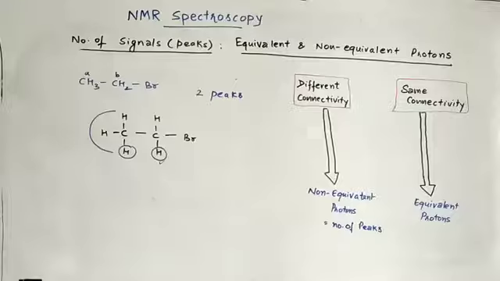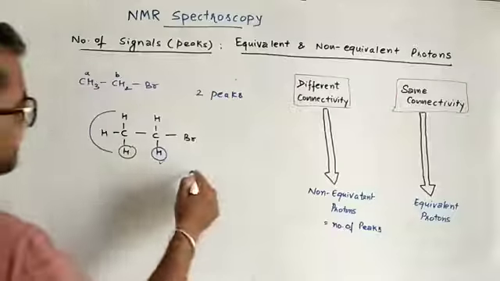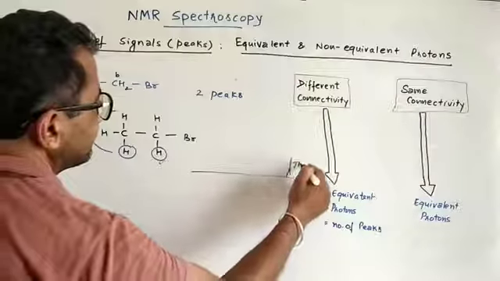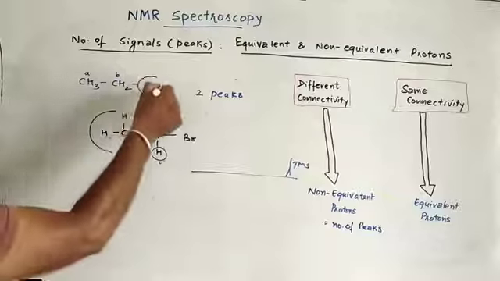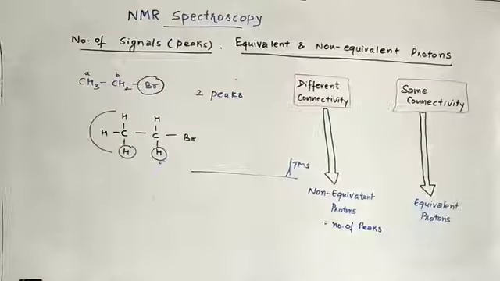Can you think about their position in the NMR spectra? Which side will be A, which side will be B? As Br is more electronegative, it will draw the electron density. Where the electron density will be less? At B or A? At B. So it means B will be de-shielded.